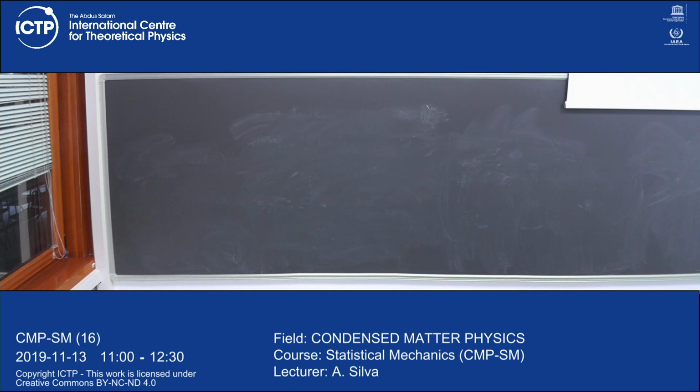Okay? So now, when you think about it from the point of view of quantum mechanics, this coefficient here that we had to choose to normalize everything is just the Planck constant.